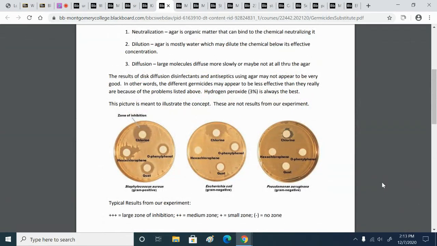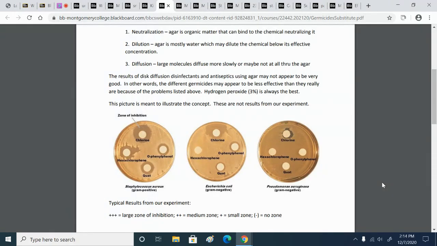So, questions on the germicides? Sorry, are you able to say the question again? Well, the question besides, are there any other questions?